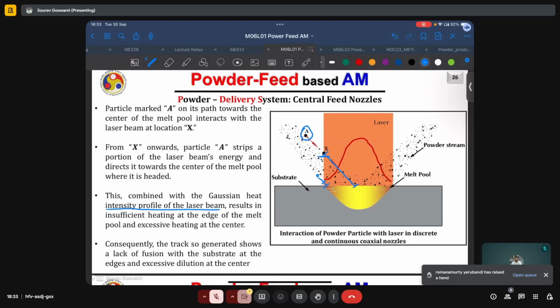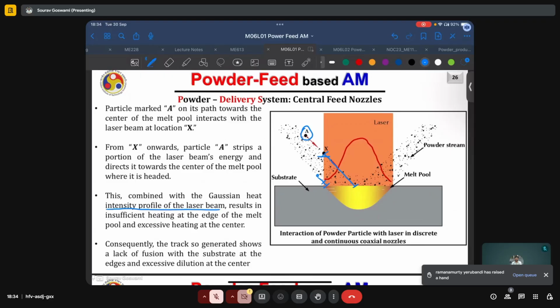So the energy of the laser is already split into two. Some of it is reaching the substrate directly. Some of it is getting distributed to the powder particles. For the fraction of energy which is reaching directly, because of the Gaussian intensity distribution, you're already depositing most of the energy in the center of the cross section. Second, for the fraction of the energy which got taken up by the incoming powder particles, even those powder particles which absorbed the most energy are headed towards the center of the pool anyway.